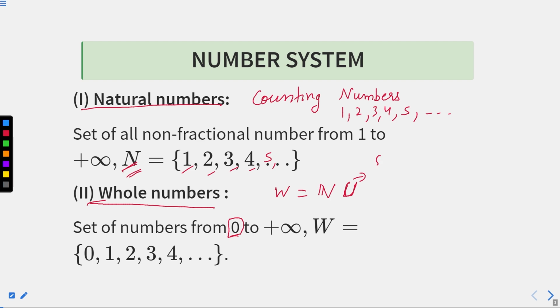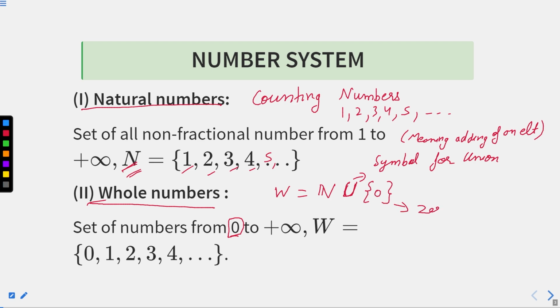This is the symbol for union, meaning adding of an element. So what is the element? The 0 element. So the whole numbers set, denoted by W, consists of 0, 1, 2, 3, 4, 5, 6 and so on.